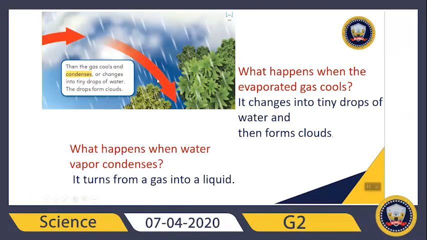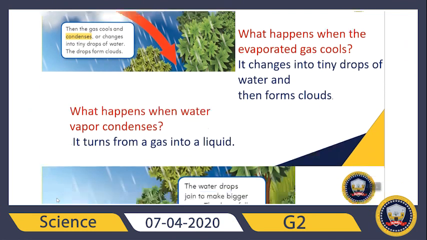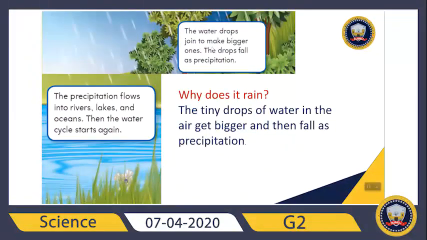After the gas cools and the drops form clouds, the water drops join to make bigger and bigger ones. The drops fall as precipitation, like rain. The precipitation flows into rivers, lakes, and oceans. Then the water again will change to a gas and evaporate, so the water cycle starts again.